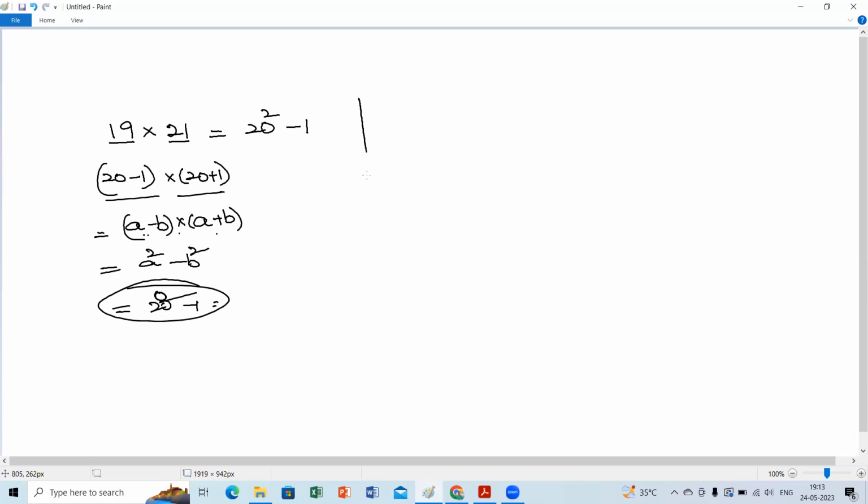Not only odd cases, even numbers work the same way. Take 12 multiplied with 14. Can we write it as 13 minus 1 into 13 plus 1?